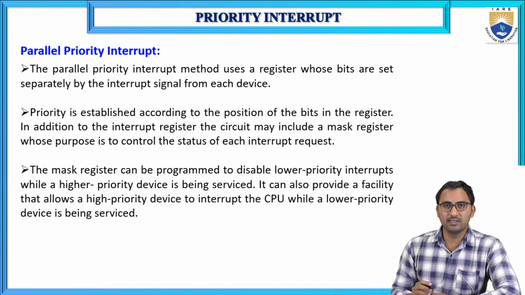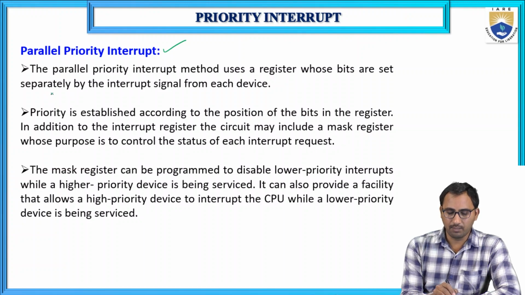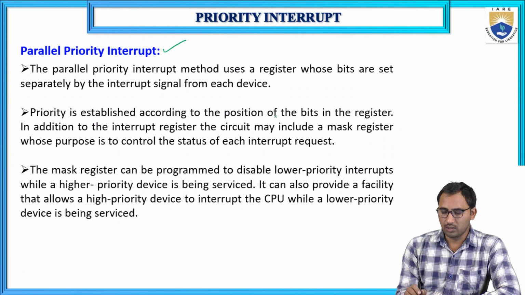Coming to the second type of priority interrupt by hardware, the parallel priority interrupt. The parallel priority interrupt method uses a register whose bits are set separately by the interrupt signal from each device. Priority is established according to the position of the bits in the register.